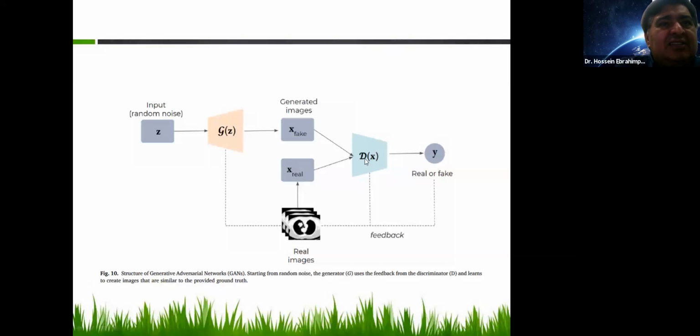Then the discriminative part has to find the difference between the real and the fake image, check, and answer if it is the real one or the fake one.